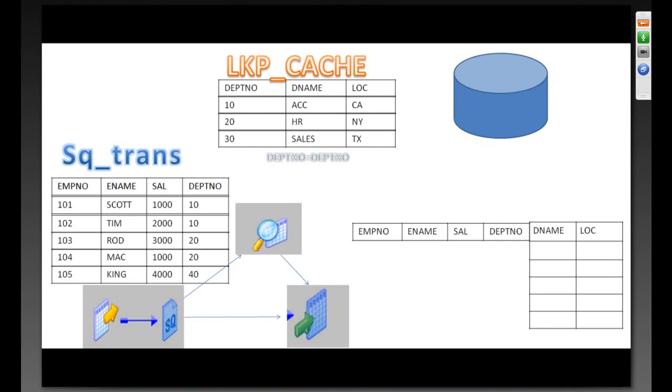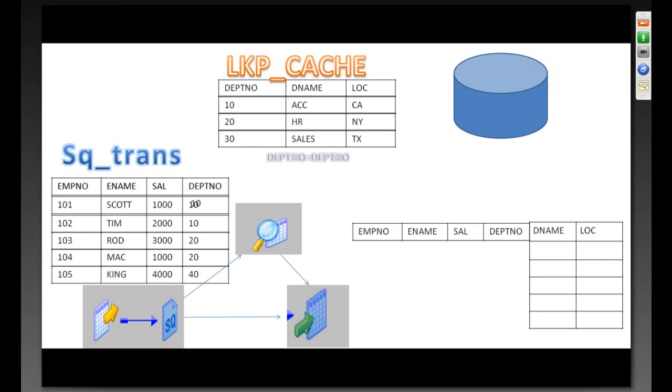So it's reading the data from the lookup table and creating a cache for the data in the lookup table. Then it will allow the record from the source to the lookup transformation. Our condition is department number is equal to department number, right? The connection that we give will send the department number into the lookup table, and we are bringing dname and location into the target, right?